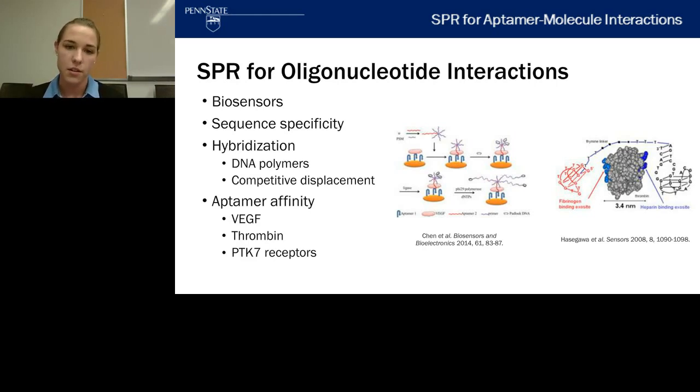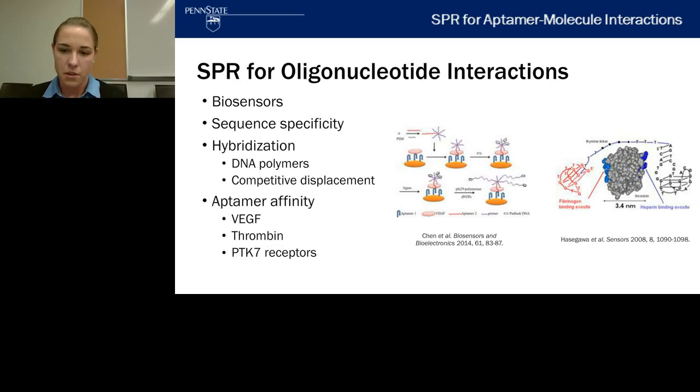We can also see that surface plasmon resonance can be used to evaluate the affinity of aptamers for their targets. So in the figure on the right, we can see two aptamers that are specific for thrombin, which is shown in the center. These antithrombin aptamers bind to different locations on thrombin, one being the fibrinogen binding site and the second being the heparin binding site.